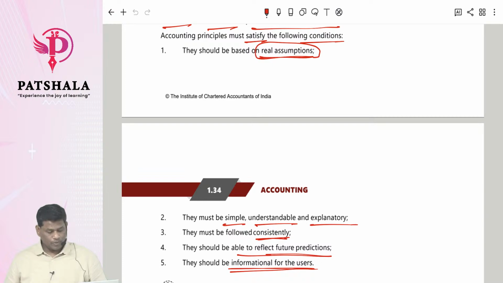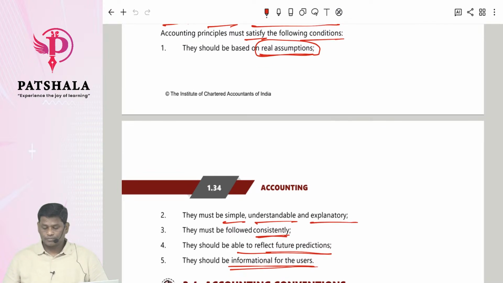Okay, write one by one. First one, they are real assumptions.